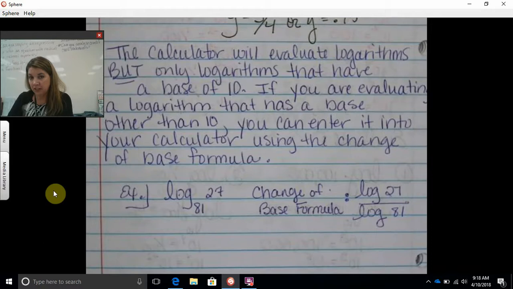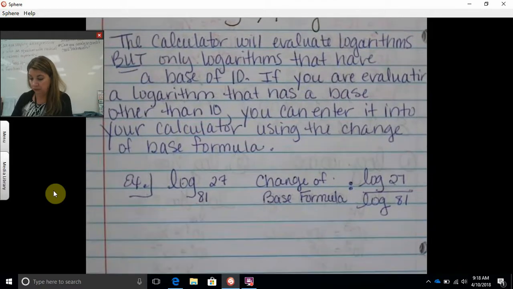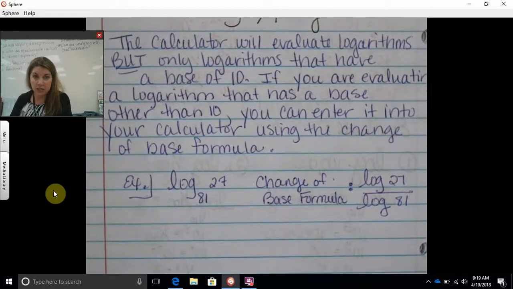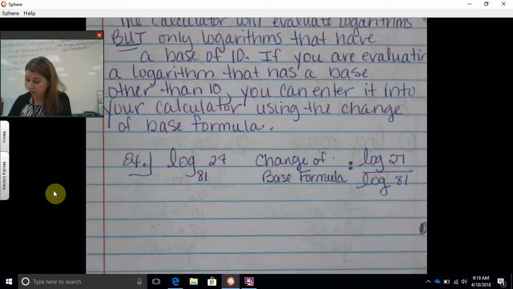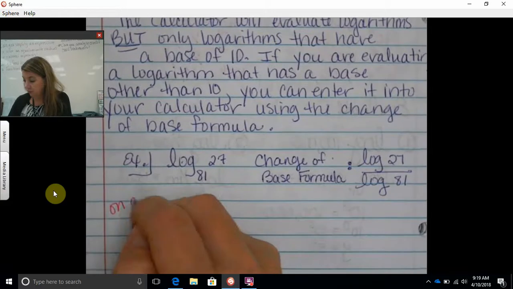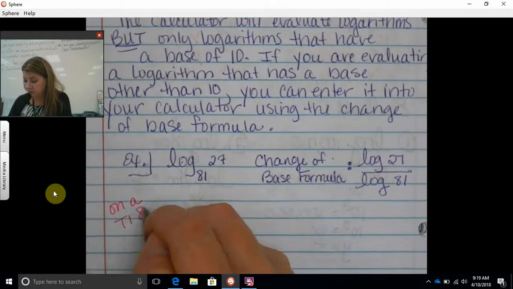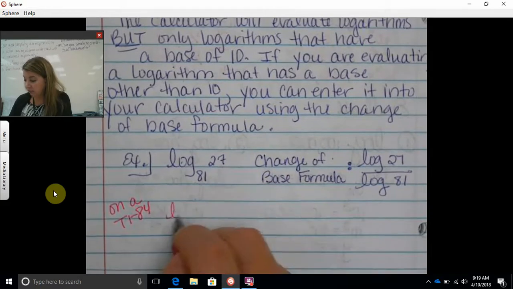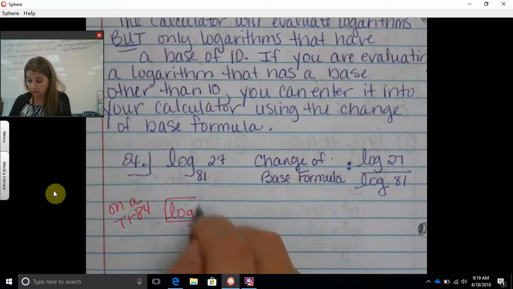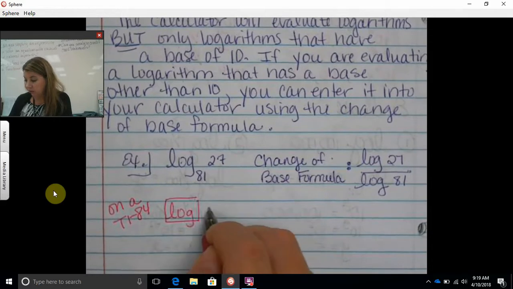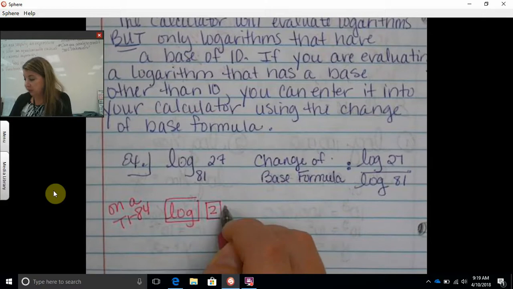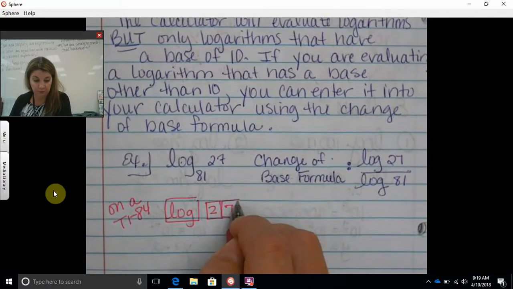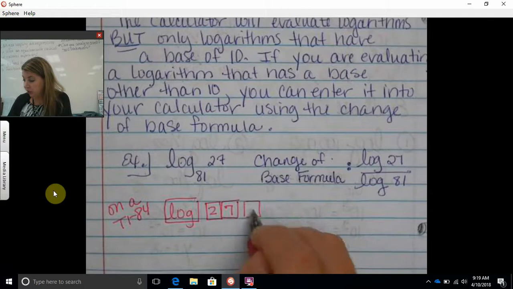So in your calculator, and this is only on a TI-84, what you would do is hit the log button. It opens a parenthesis for you, and you then hit 27.